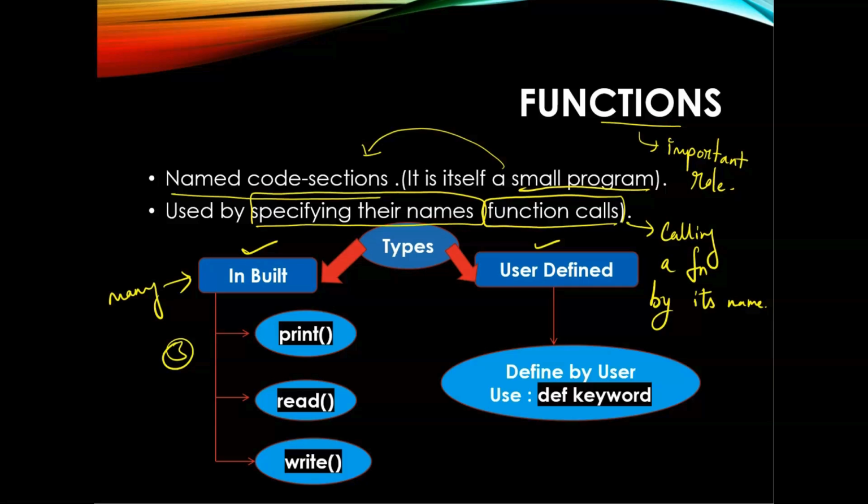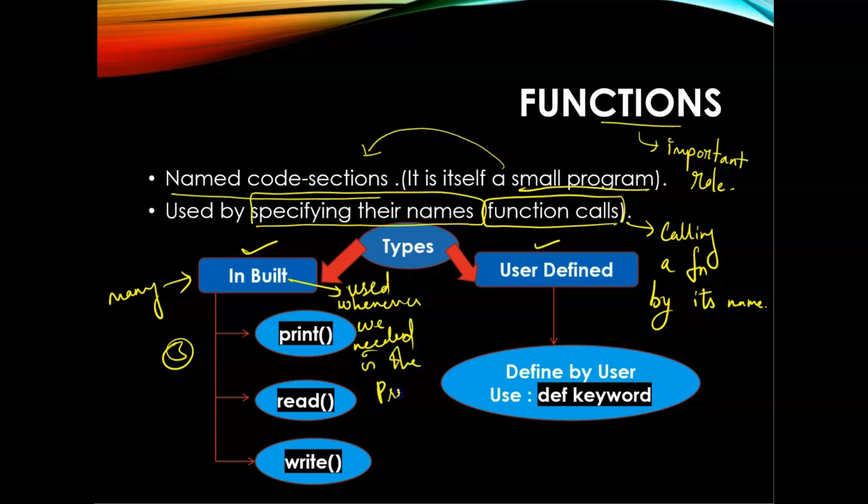They are already inbuilt in the Python interpreter, so we can use them whenever we need them in the program. For example, we have the print function, read function, write function, and also the input function. All these functions are inbuilt in Python itself.